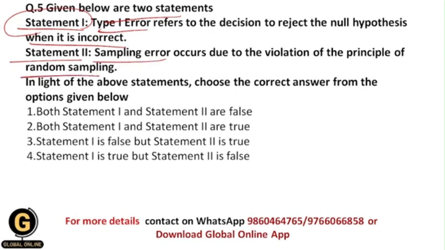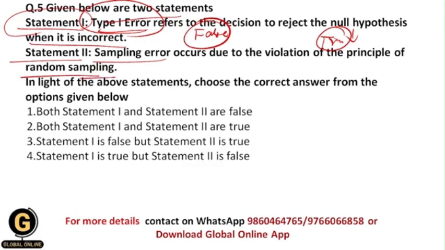As we have seen earlier in this video, type 1 error refers to the decision to reject the null hypothesis when it is actually true or correct. But exactly the opposite is given in this statement, and that's why this statement becomes false. And the second statement: Sampling error occurs due to the violation of the principle of random sampling.